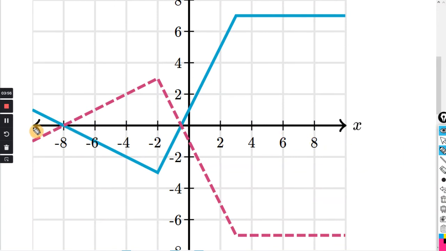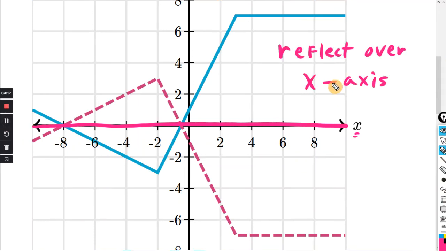The x-axis is the mirror. This right here is the mirror, that's the x-axis. So all the y values were multiplied by -1. So everything here became reflected over the x-axis.